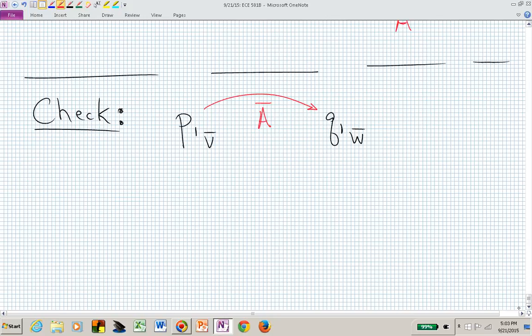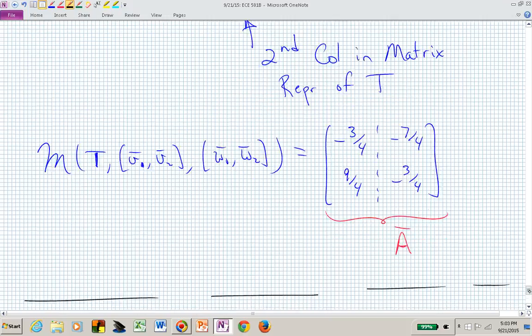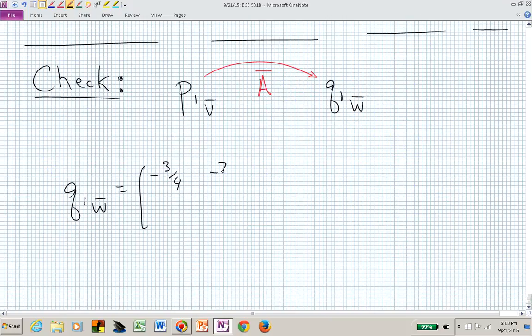Let's see what happens. Now we have Q1 in W bar should be A bar, which is minus 3/4, minus 7/4, 9/4, minus 3/4. And what was P1 in the V bar basis?